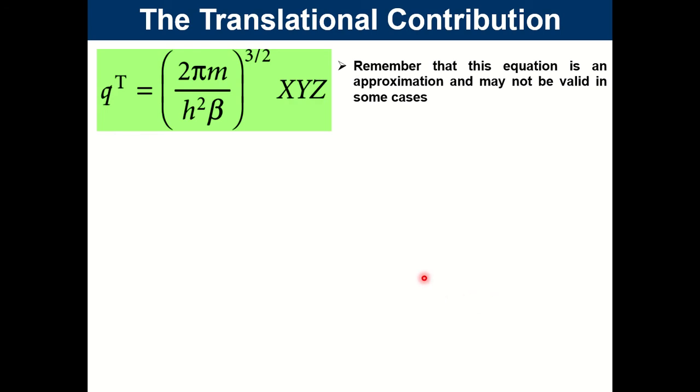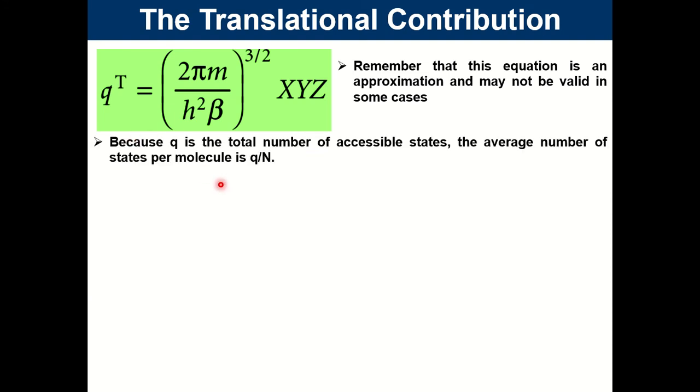So one more thing that we have to keep in our mind, as I said at the very outset, that it is an approximation. There might be some cases where this may break down, this may not be valid, the equation may not be applicable.